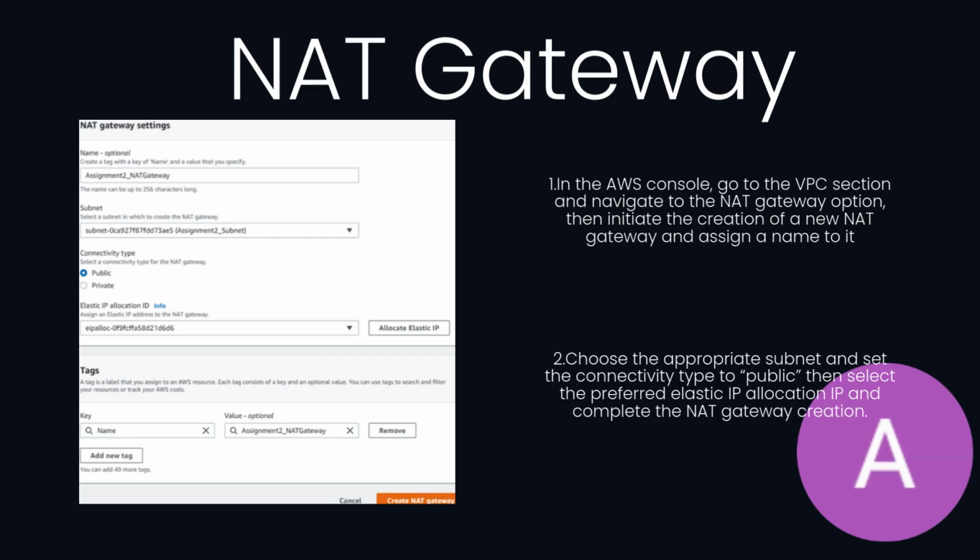Thirdly, choose an appropriate subnet and set connectivity to public. Allocate an elastic IP and complete the setup. NAT gateways are crucial for providing secure outbound internet access without exposing resources to the public.